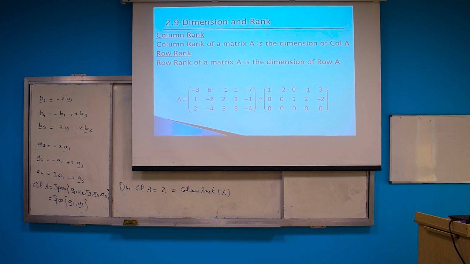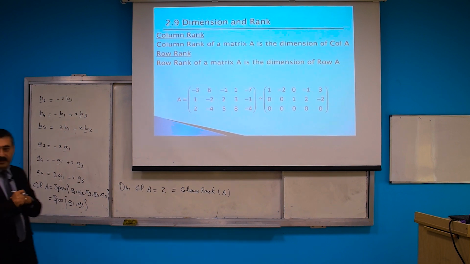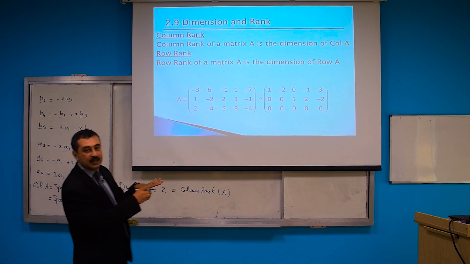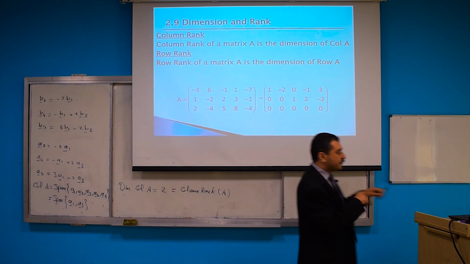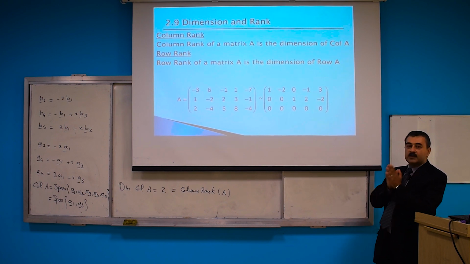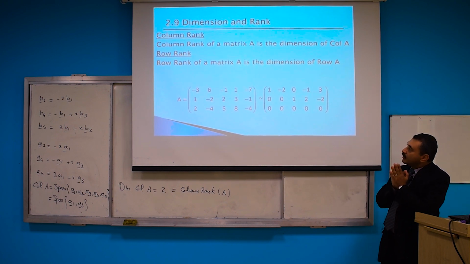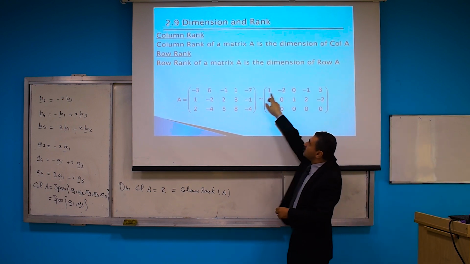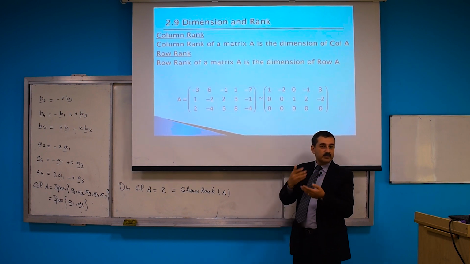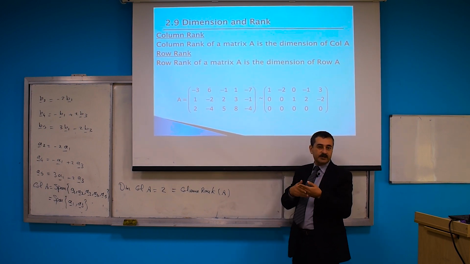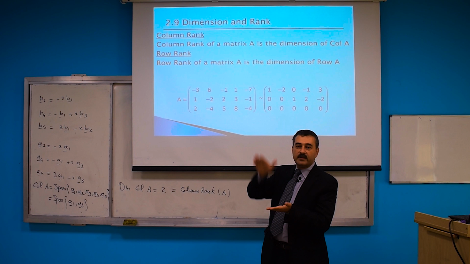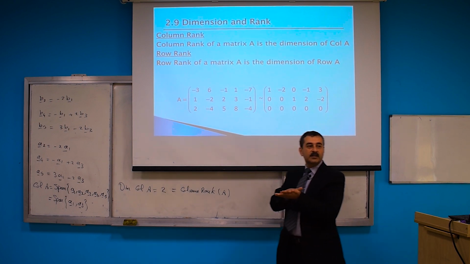One way is to transpose the matrix A and do the reduction. Another simpler way is to do the same reduction and read what is the basis for the rows. What can you say about the rows? Actually, if you look at these two rows, what you do in Gauss is add a multiple of a row to another row, so you do a linear combination. If any row is a linear combination of the other rows, it would be eliminated in row reduction.